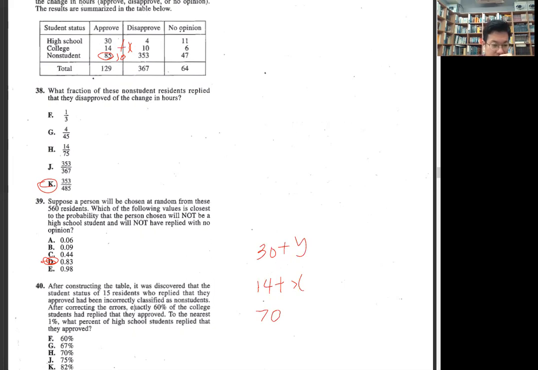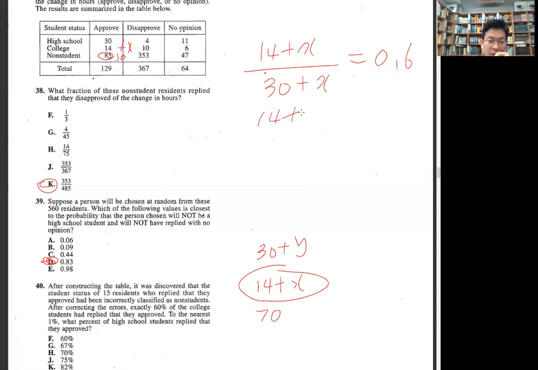So now after correcting, 60% of college students replied that they approved. So this 14 plus x over the entire college students so far, which is 16 and then 30, but then plus x, right? Because we have to add all together. That is 60%.